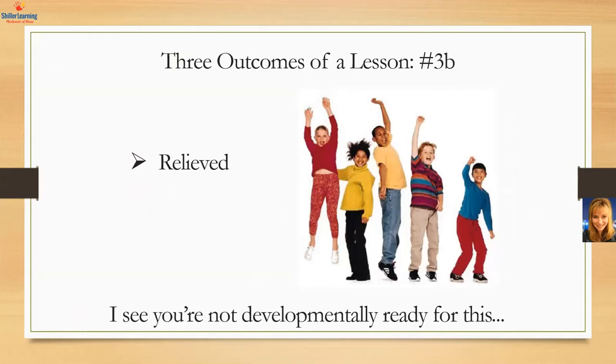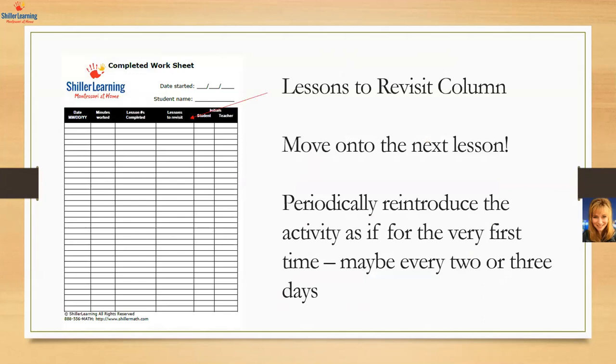At this point, even if they don't quite understand the word developmentally, a student will usually take one of two attitudes. The first is that they are super relieved. They are very happy. We haven't made an issue out of it. We have not demotivated or demoralized our child. And we're simply going to place that lesson again in that column for lessons to be revisited and move on to the next lesson.